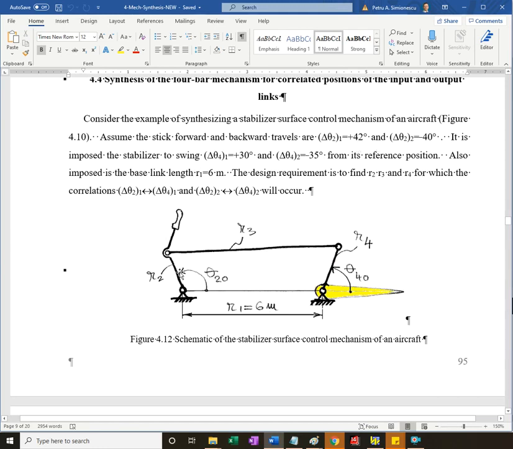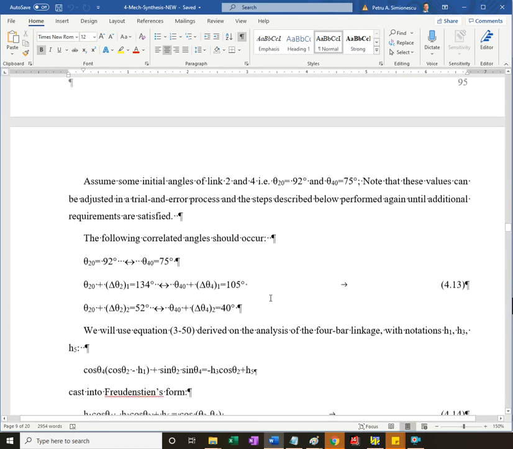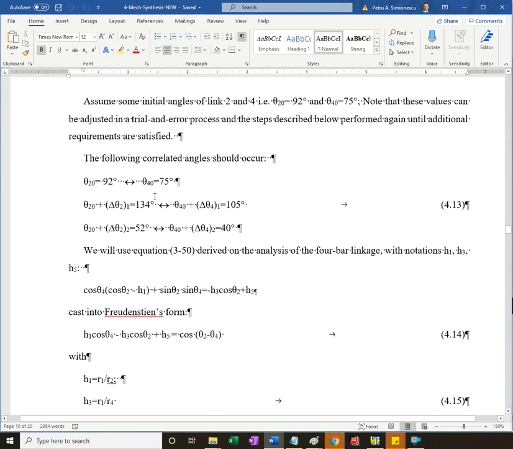So it goes 42 and 40, and the control surface goes 30 and 35. Negative 40 goes with negative 35, positive 42 goes with positive 30. So I'm showing these 3 correlations of angles.